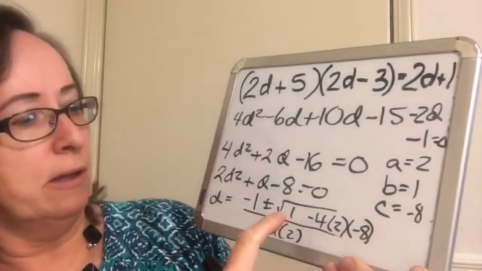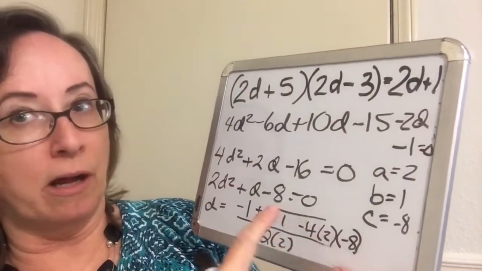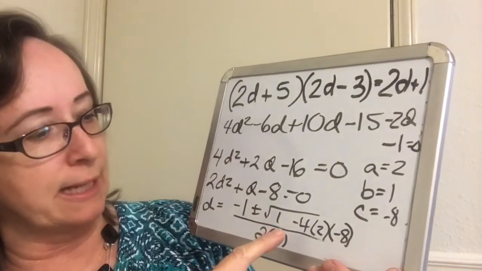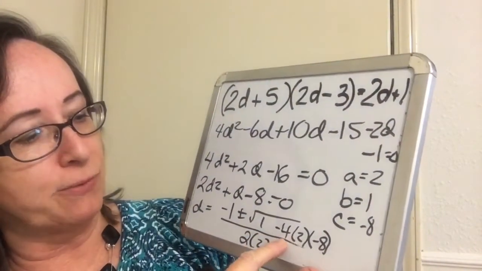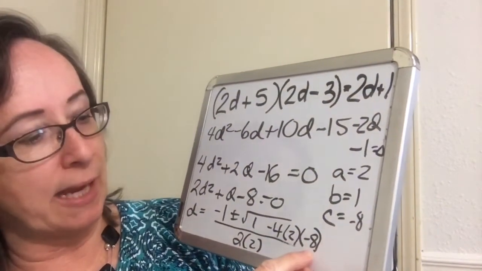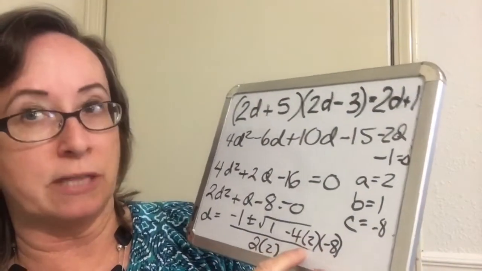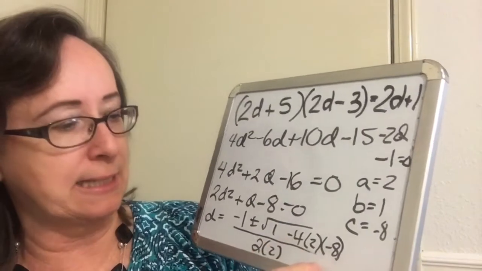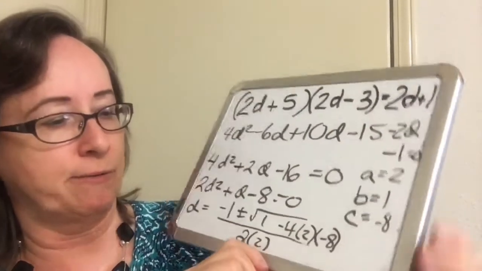Okay, so now underneath there is going to be the discriminant. We're going to talk more about that in the next section. But negative 4 times a negative 8 is a positive 32 times a 2 is a 64, and 1 plus a 64 is the square root of 65.